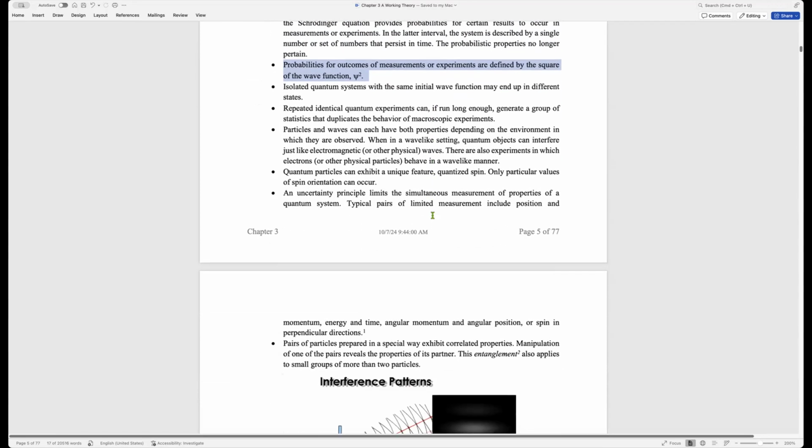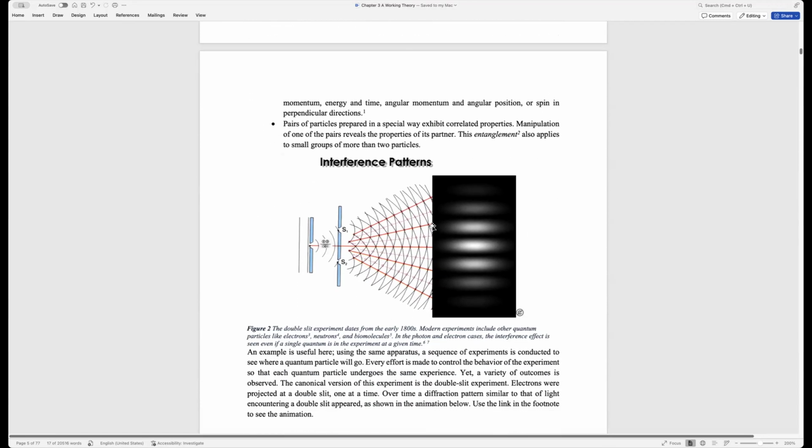Okay, let's see. And we've talked about this before, that quantum systems can exhibit particle-like or wave-like behavior depending on the environment you present to them.